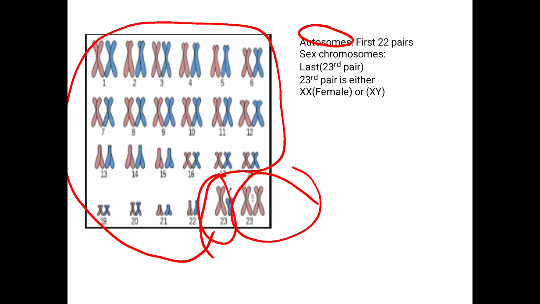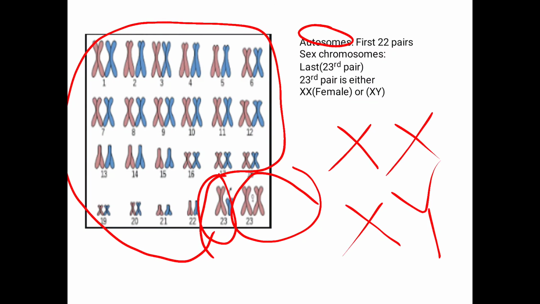The autosomes do not determine the sex of an individual, but the 23rd pair determines whether the offspring is female or male. In females, the last pair contains 2 copies of the X chromosome, and in males it is XY. We'll see this in a detailed manner when we study human genetics as well.